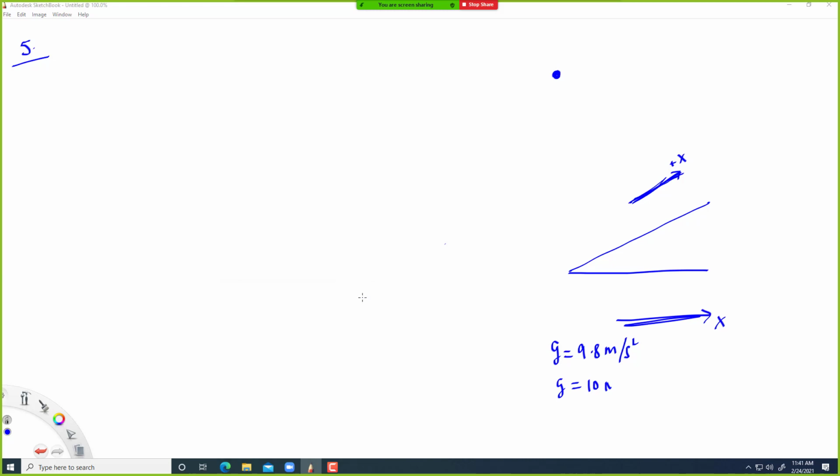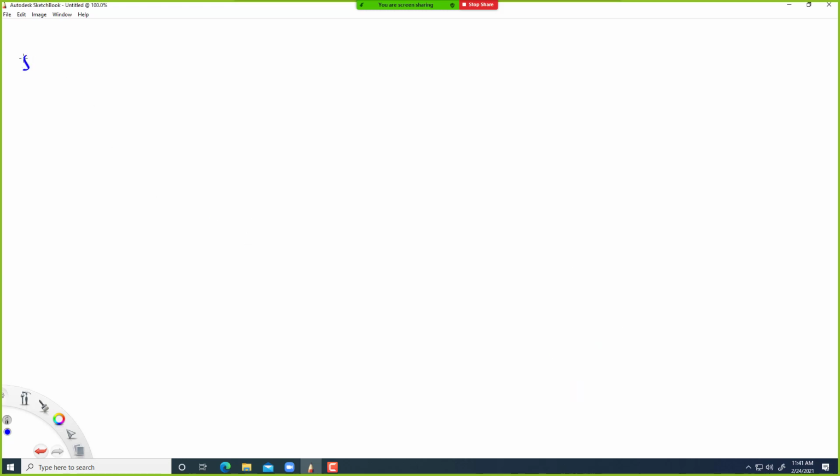Okay, so let's look at this problem. So draw a free body diagram. We have the push force, which is to the right, and there is friction force to the left. Friction force is less than push force because the box is moving to the right, it's accelerating to the right.